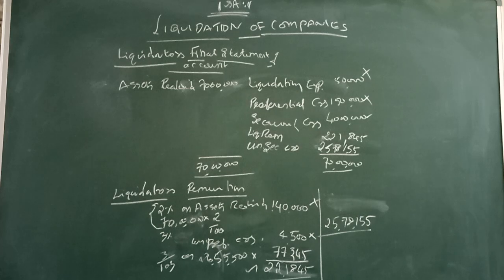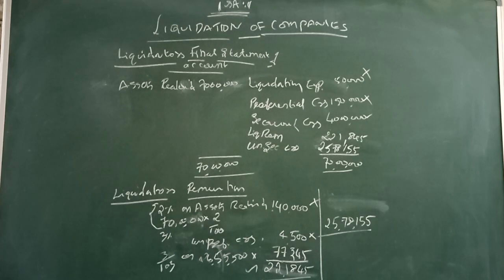They get the funds by realizing the assets the company has. With that amount, the company has to pay its commitments to various creditors and various expenses. Right?